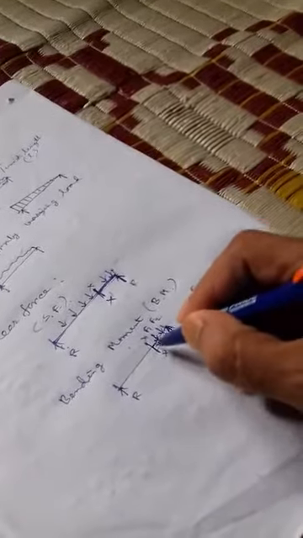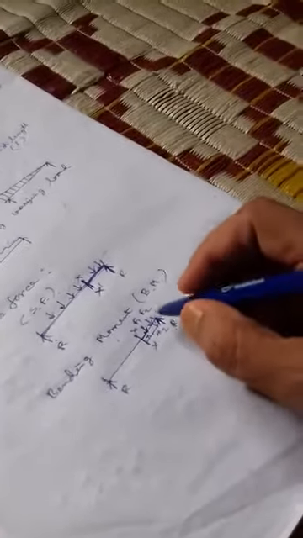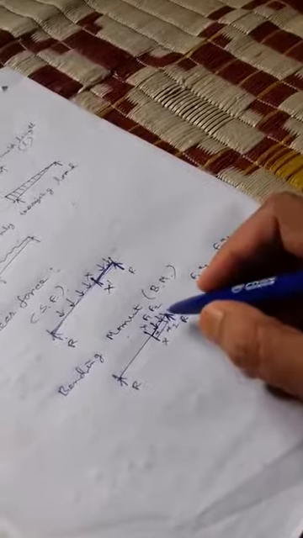So the bending moment at any cross section of the beam is defined as the algebraic sum of the moments of the forces. This is the moment of the first force, this is the moment of the second force.